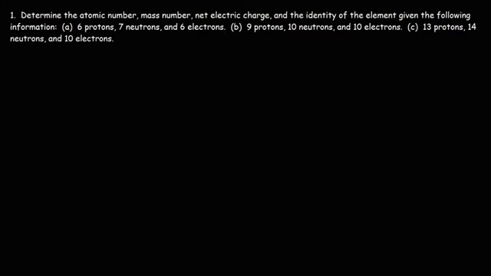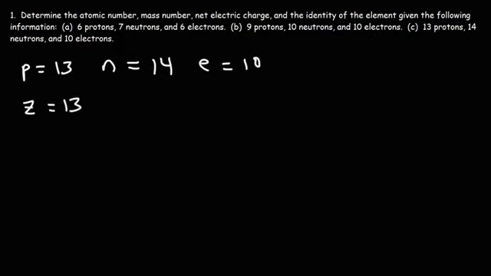Now let's move on to part C. We have 13 protons, so P is 13, 14 neutrons, and 10 electrons. Feel free to work on that problem. So we know the atomic number is the same as the number of protons. That's going to be 13.